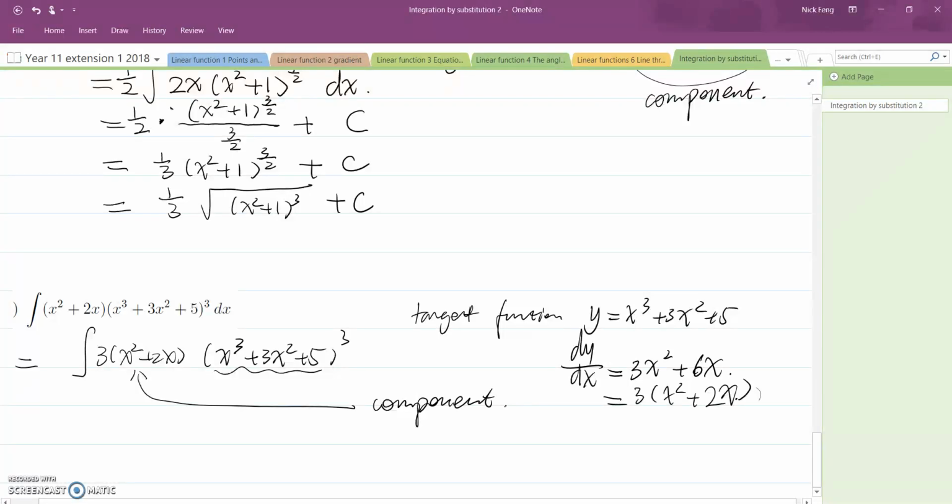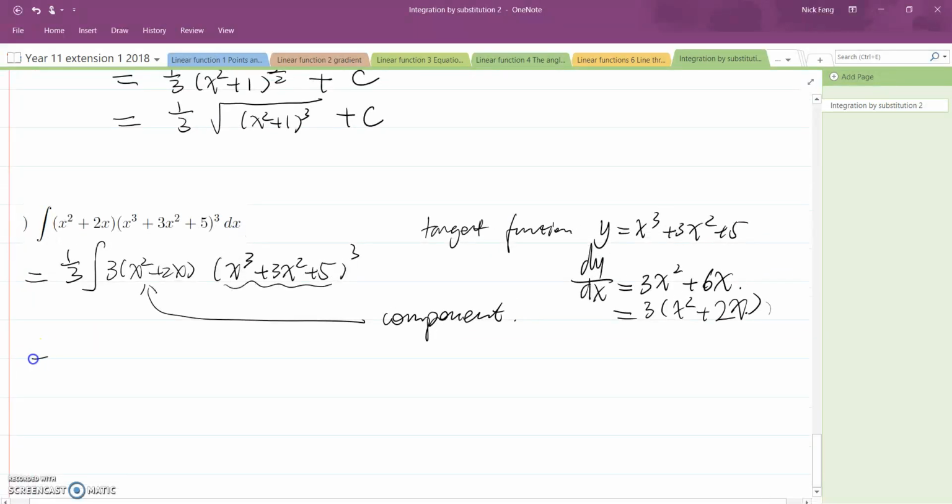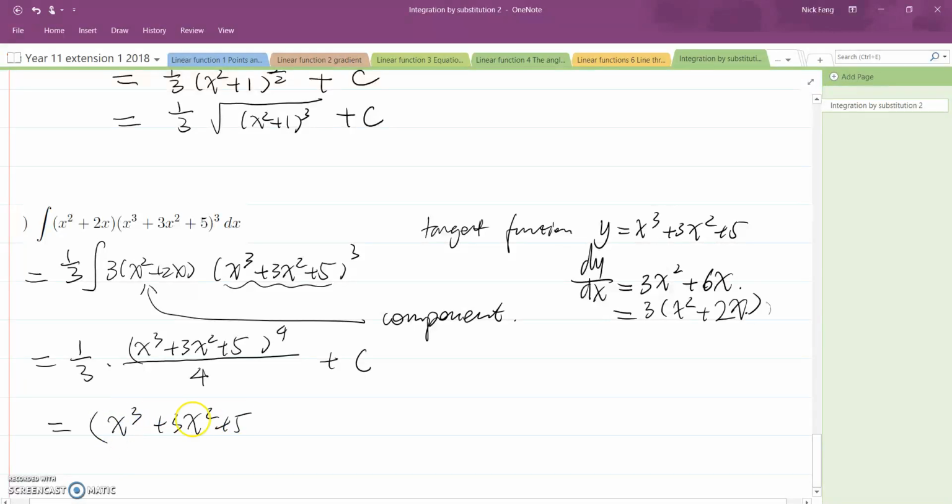And can you do this? No, you can't, because you need to multiply by a third. The question doesn't provide the 3. Therefore, once this is done, you can integrate this as a whole function. And that gives you the function to the power 4 over 12 plus c.